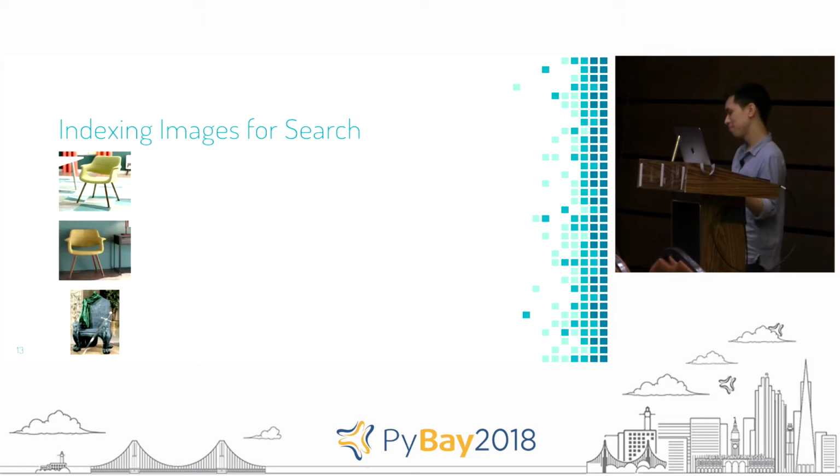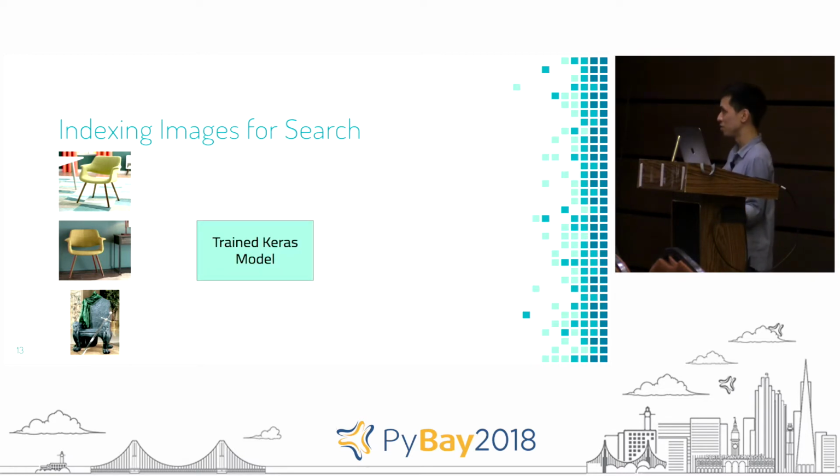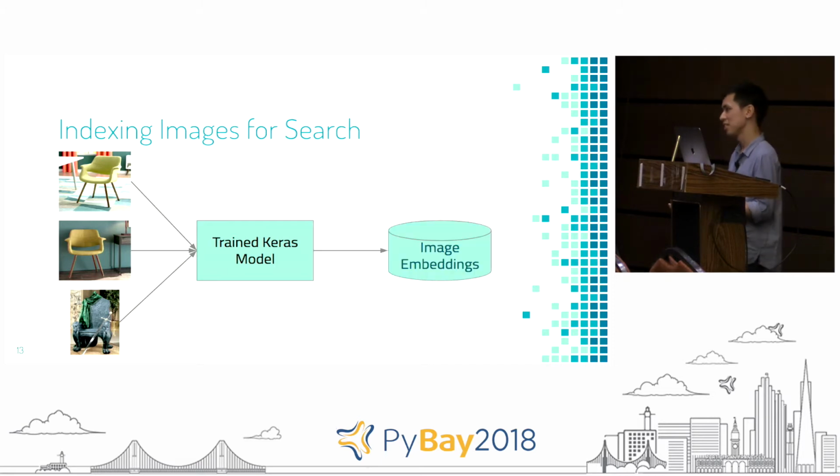We're going to take all the images that we care about, that we want searchable, and we're going to take that Keras model that we just trained in the other slide. And we're going to feed our images through that model and essentially get a list of image embeddings. And this is all within that latent space.